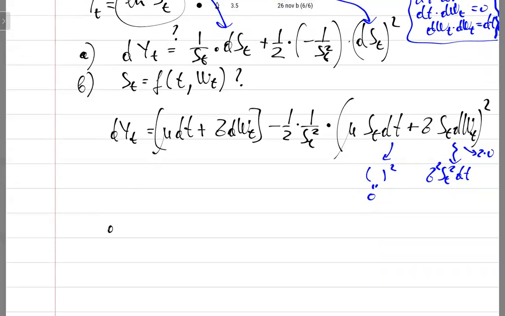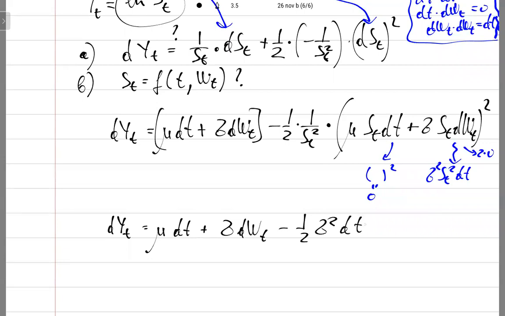Okay. Finally, I have dYt is mu dt plus sigma dwt minus 1/2 sigma squared dt, or dYt equals mu minus sigma squared over 2 times dt plus sigma dwt.